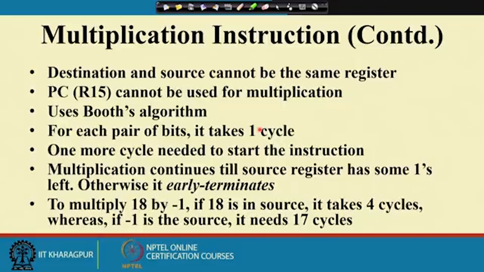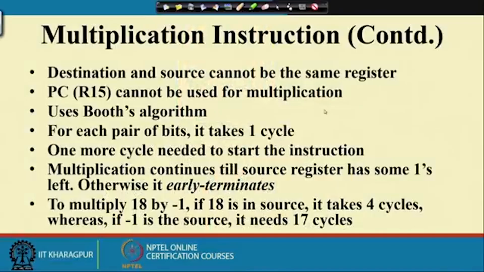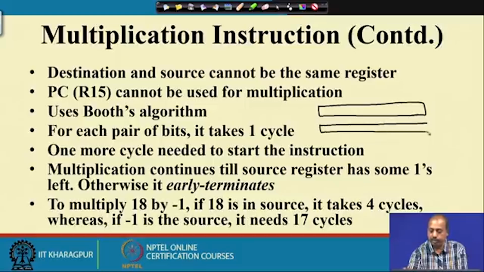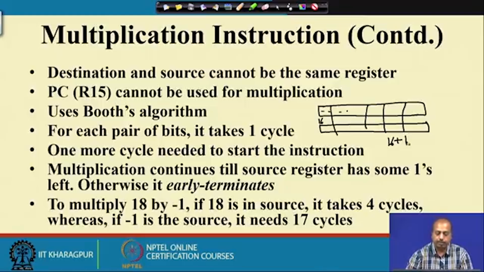If I have 2 32-bit numbers to be multiplied, then for each pair of bits it will take 1 cycle. There will be 16 such pairs, so that will take 16 cycles, plus 1 cycle for starting the instruction. That way this multiplication will take 17 cycles.